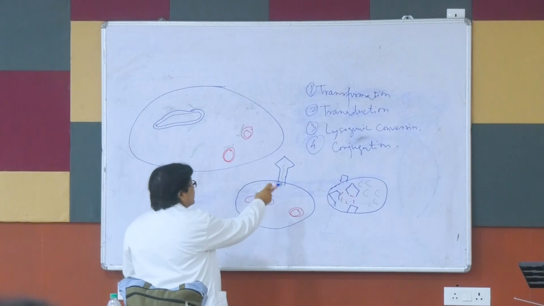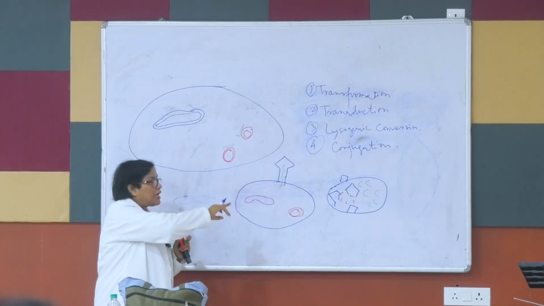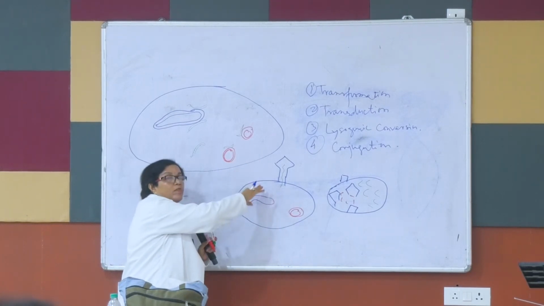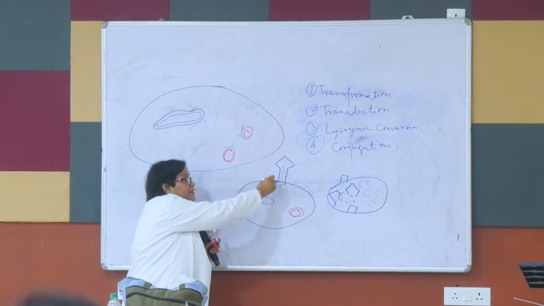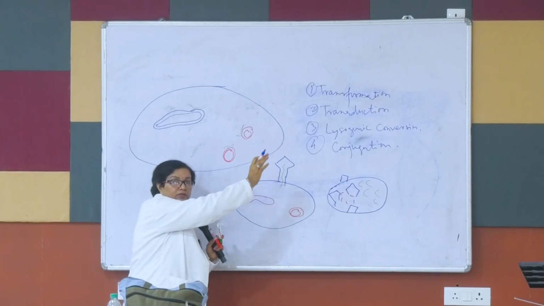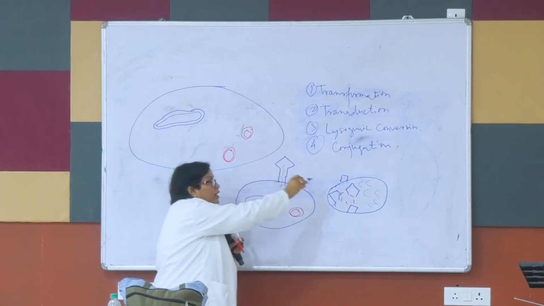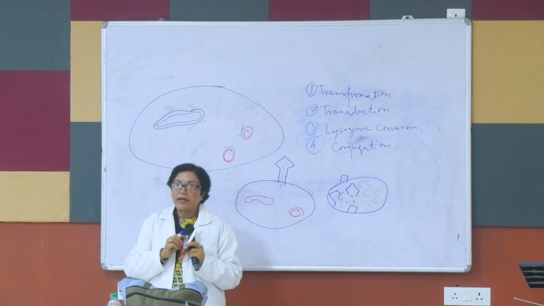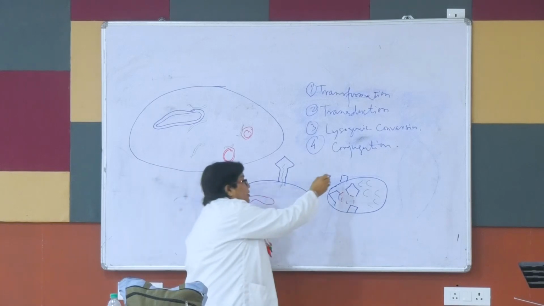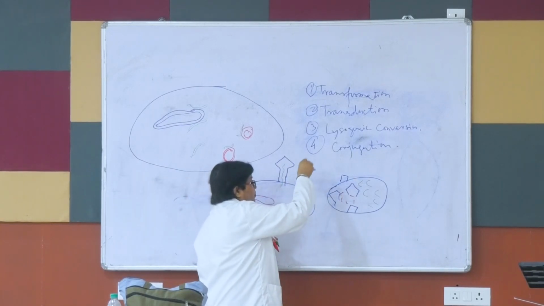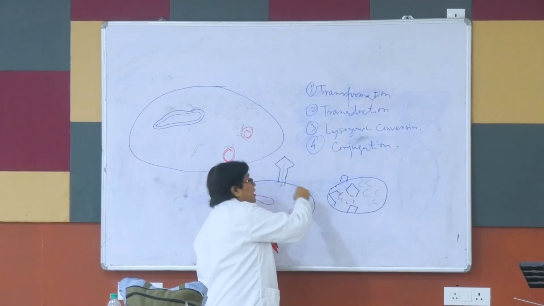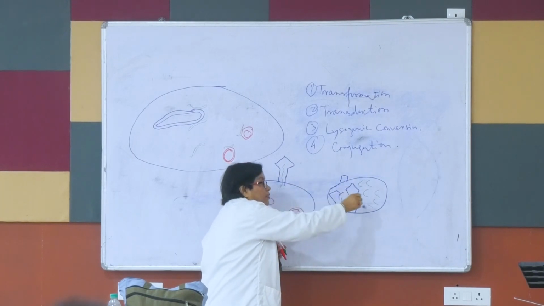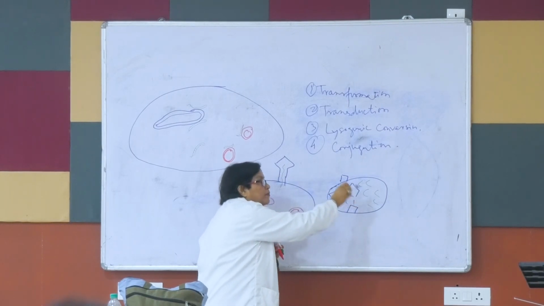This is one bacteria having its chromosome. Now one bacteriophage is coming with its nucleus, its genetic element. When it comes in contact with another bacteria, it delivers its genome within the bacteria and multiplies it.